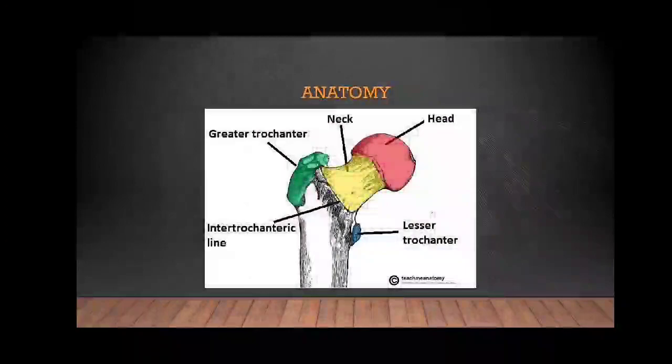All fractures proximal to the intertrochanteric line are called intracapsular fractures, whereas fractures distal to that line are called extracapsular. So all intertrochanteric fractures come under extracapsular fractures. We also have isolated fractures of the greater trochanter and lesser trochanter.